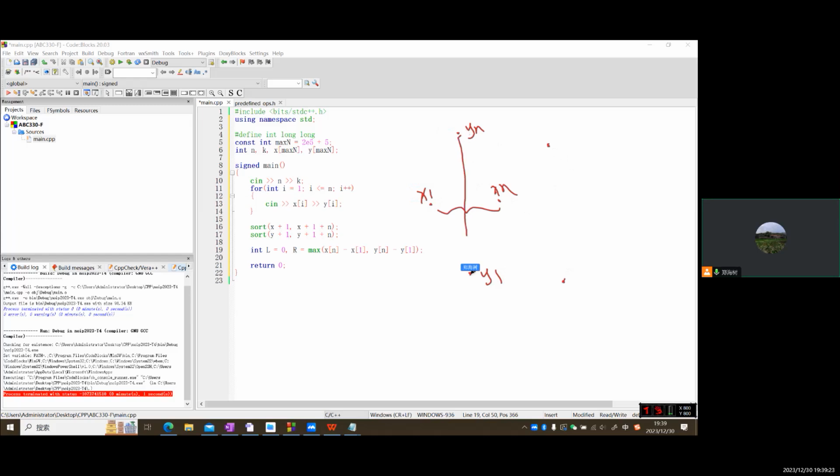So this is the last square. If we have this square, the answer will be 0. And if we go to some points, the same points, the distance is yn minus y1. So these are the 2 bounds.